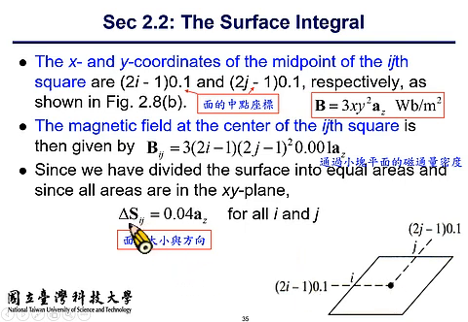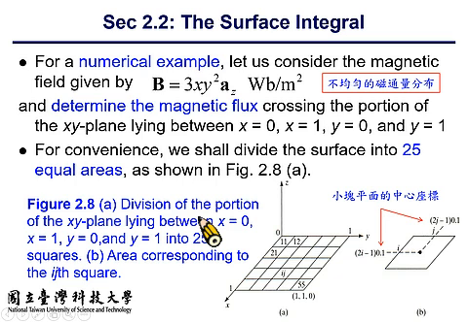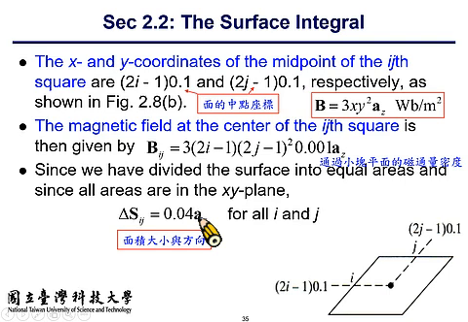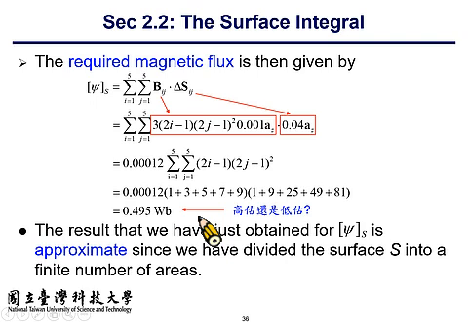So the differential surface delta S is constant, that is 0.04 az. As we have seen in the previous slide, in this surface on the XY plane, all these divisions are oriented to the positive Z direction. All right, so delta Sij is a constant 0.04, and the direction is az for all i and j.